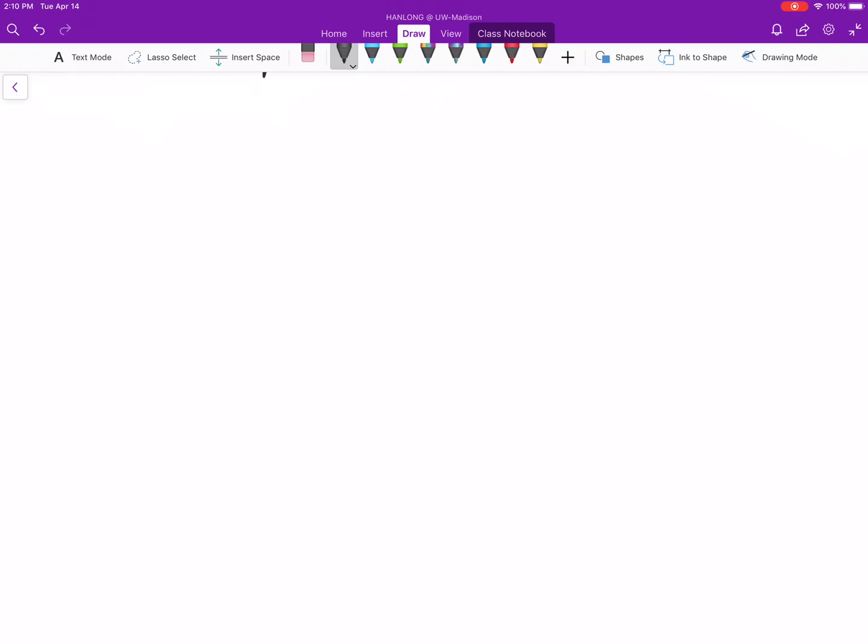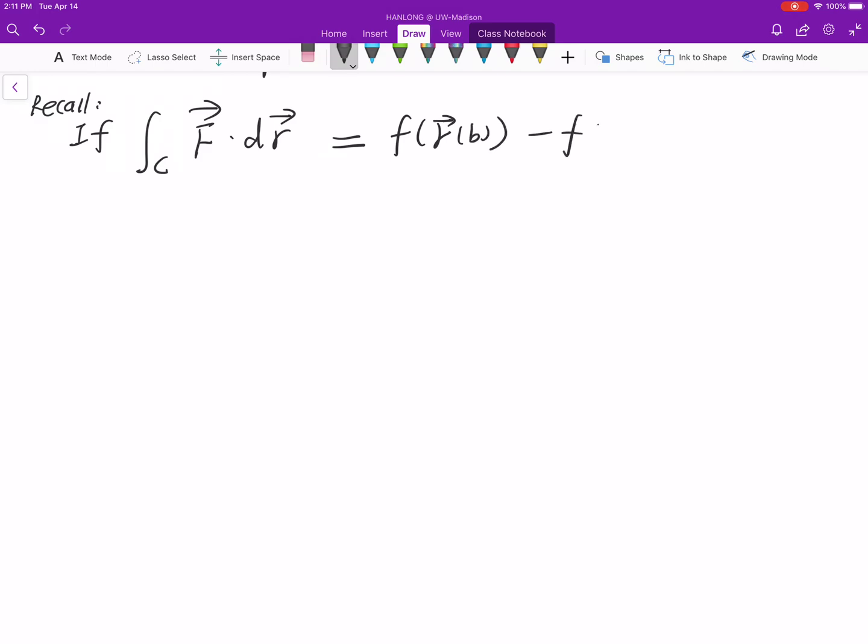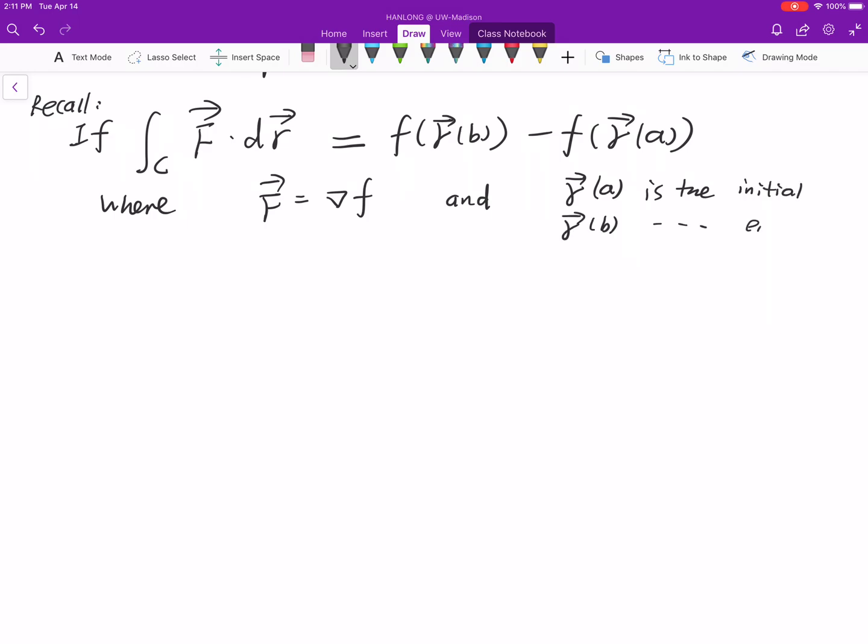Okay, recall before we said that if F is a conservative vector field, then this line integral can be computed by the following subtraction, where f is a potential function of capital F, or capital F is gradient f, and f(gamma A) is the initial point value, f(gamma B) is the ending point value.